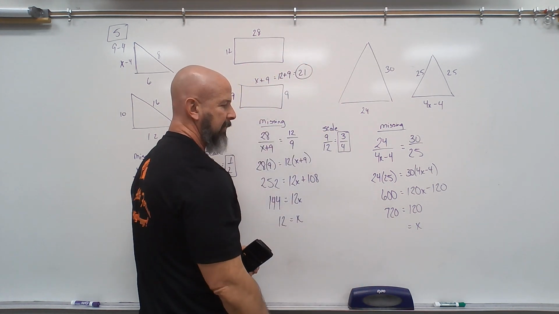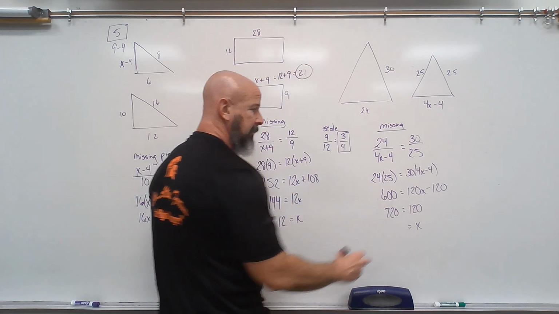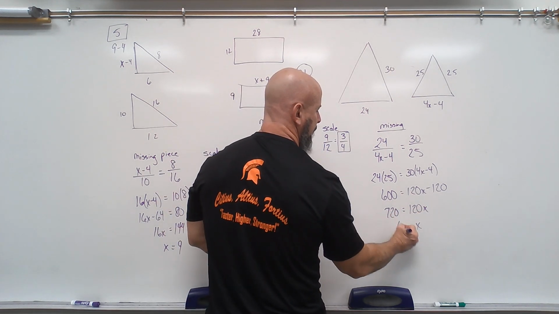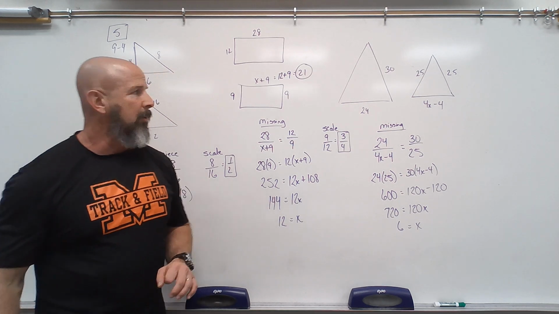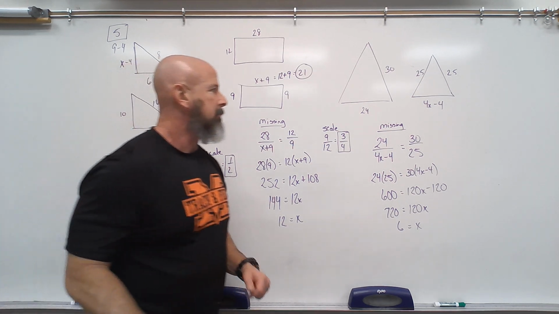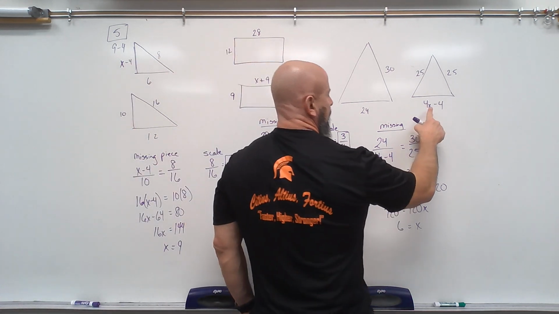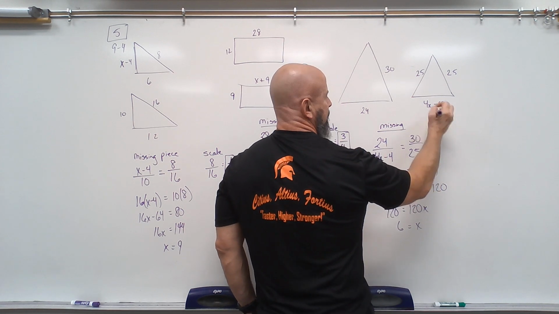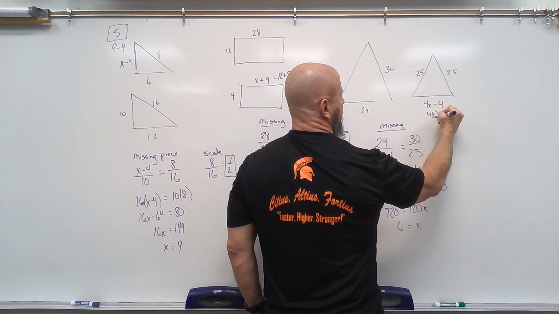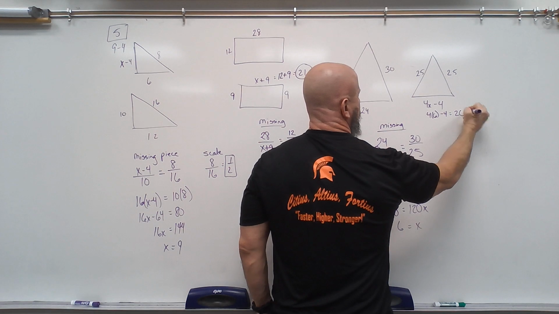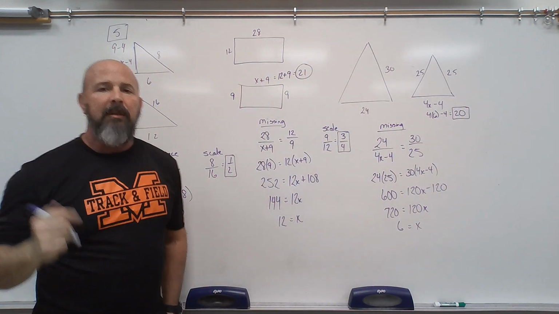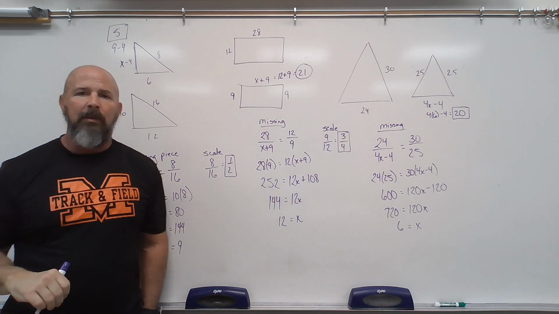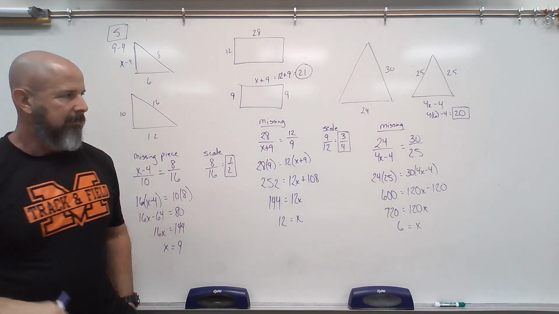And then divide 720 by 120. That'll give me 6. So that's my x value. If I put that back in here for x, 4 times 6 minus 4 is 20. There's the missing piece. Missing piece means that missing side value, which in this case will be 20.